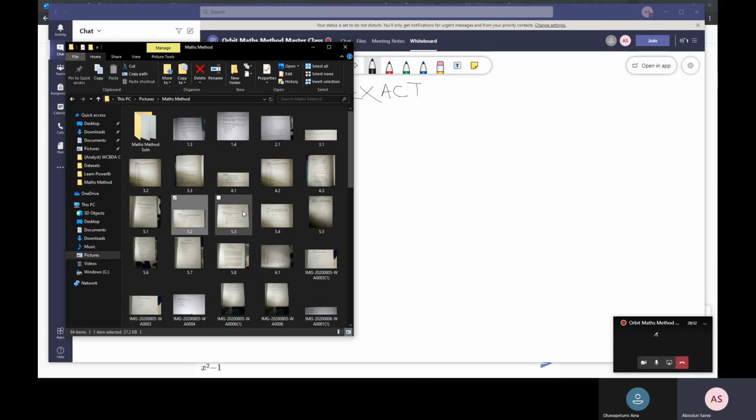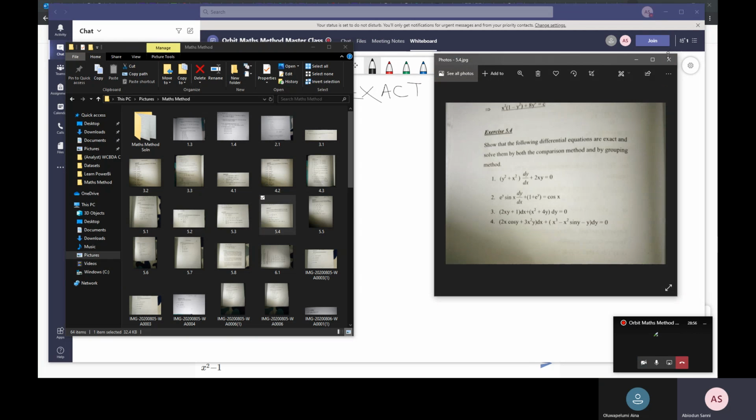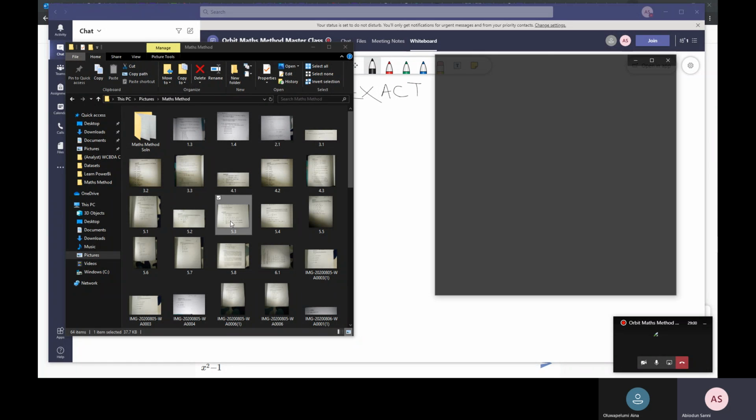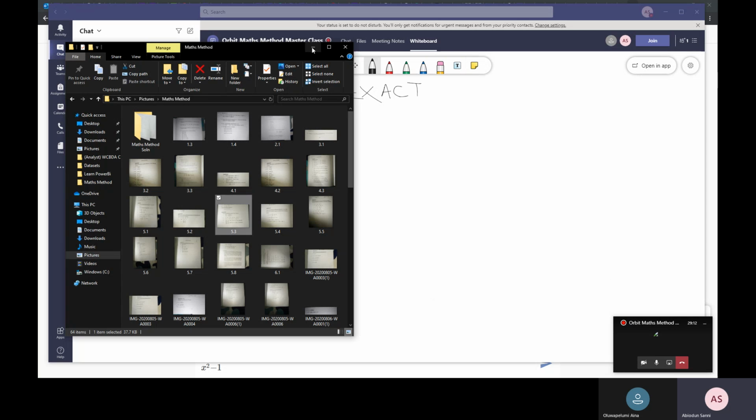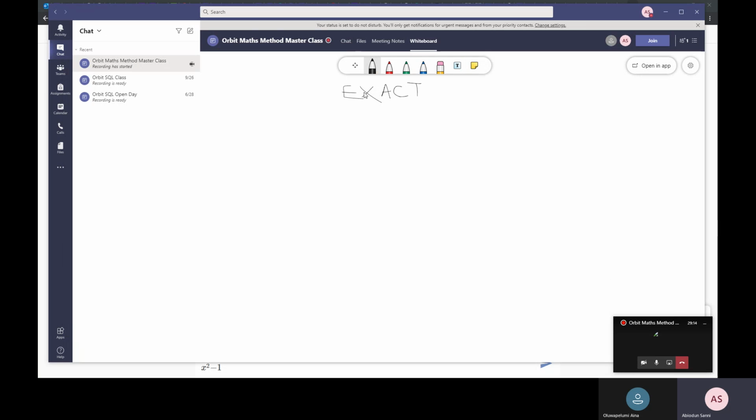It's not really exact like that. Is it exact? This part, this 5.3. So what is it called? I've forgotten. I know it's the equation of one particular form.